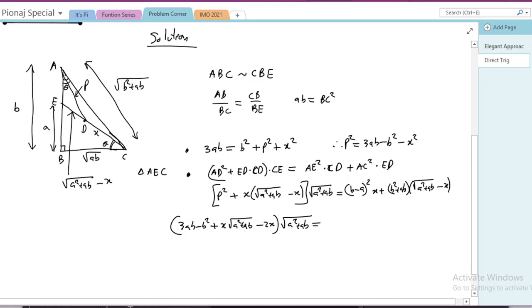Okay, and that gives A squared minus 2AB plus B squared here, x, minus x times B squared plus AB.